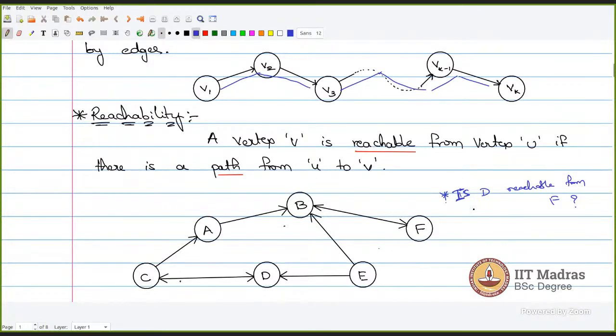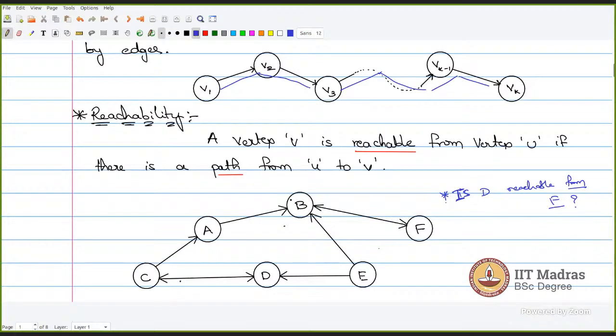This question is asking: if I start from F, is D reachable? That means if I start from this vertex, can I go by traversing edges and vertices to vertex D? So let us see. We are at F. There is an edge connecting F to B, so I will travel to B. But from B there are no outgoing edges.